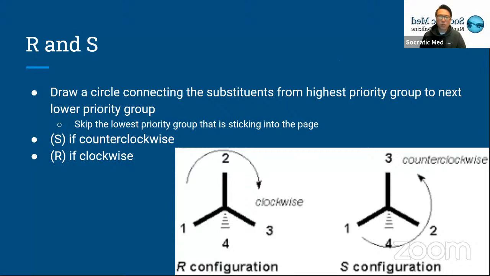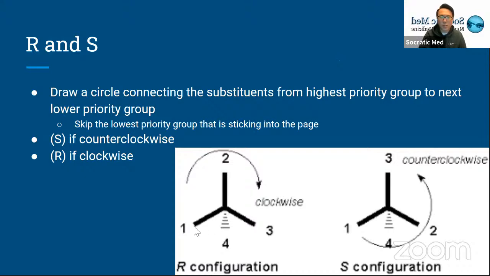This is to determine if it's an R or S configuration for that chiral center. It's an S configuration if the circle that you draw is counterclockwise, and an R configuration if it's a clockwise circle.